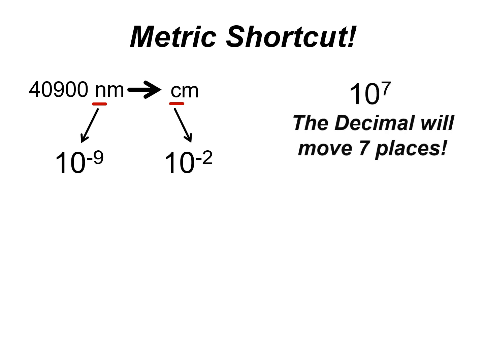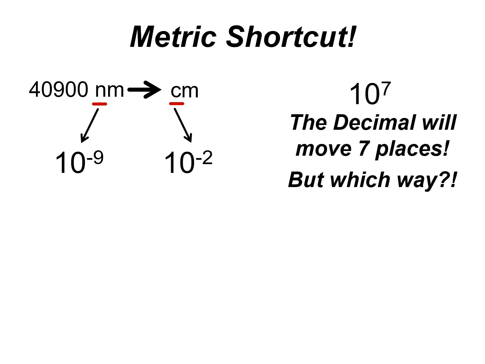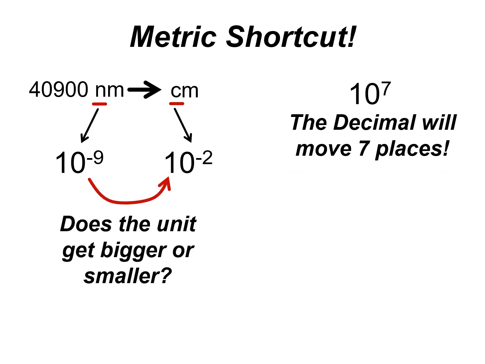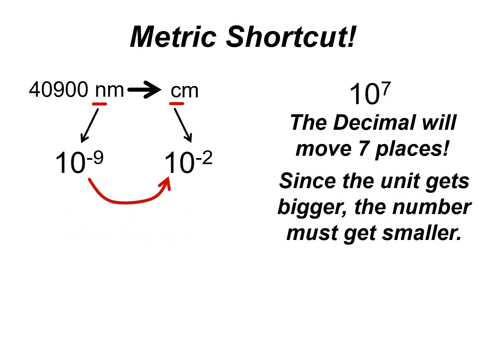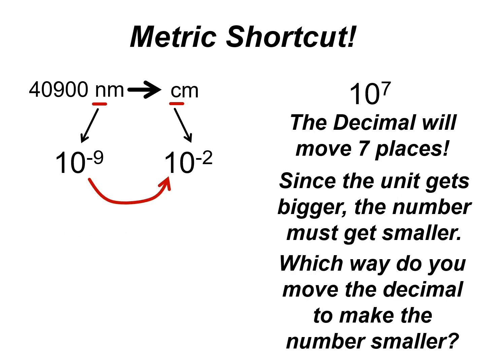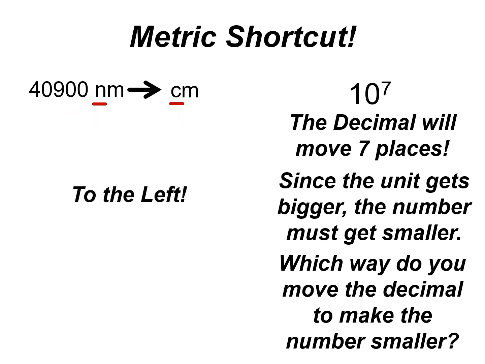So we're going to move the decimal point 7 spaces. But which way? Well, if we look at nano to centi, we're going from a smaller unit to a bigger unit. So since the units are getting bigger, that means the number has to get smaller. So if the number gets smaller, the way we do that is we're going to have to move the decimal point to the left. All right, so we're going to move it 7 spaces to the left.